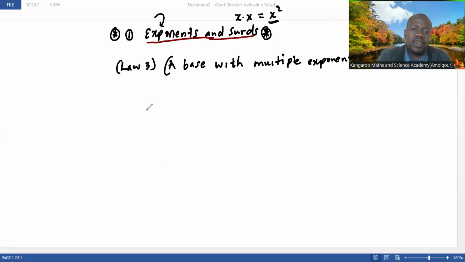There's a law that says when you have a base a with an exponent of x, but still with another y, you see, we're having multiple exponents. X is an exponent, y is also an exponent. The law says when you have a base with multiple exponents, you just write the base and you multiply those exponents.